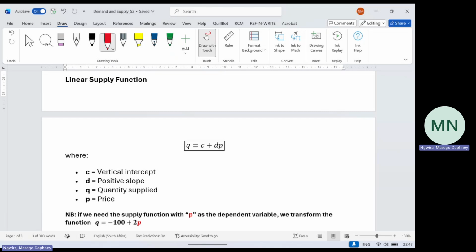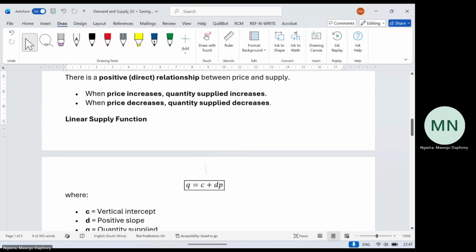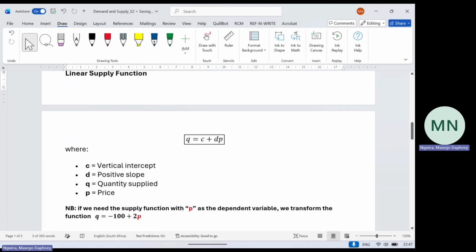As I said before, when we calculate the slope, it's going to be the change in Q over the change in P. So the slope here is going to be D, where D equals Q2 minus Q1 over P2 minus P1.